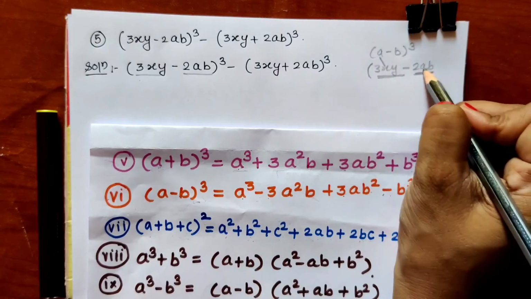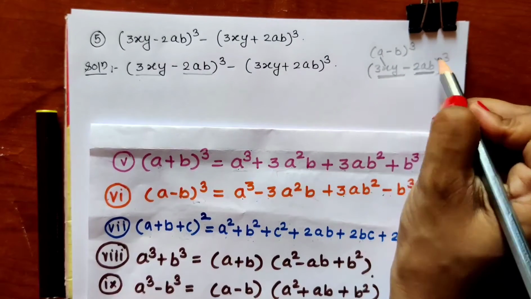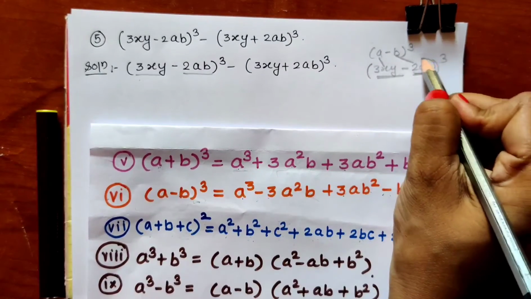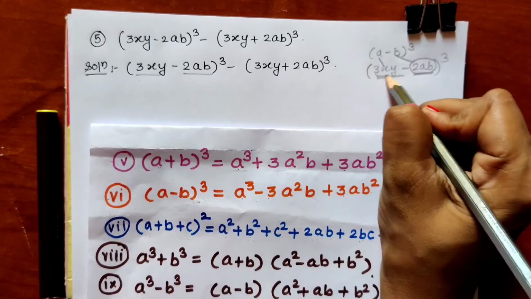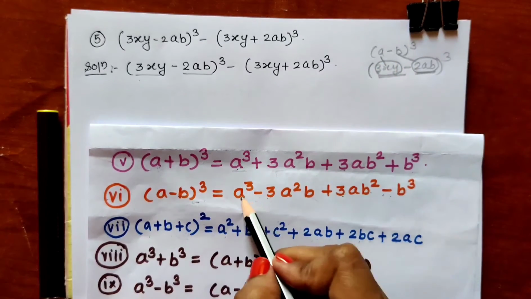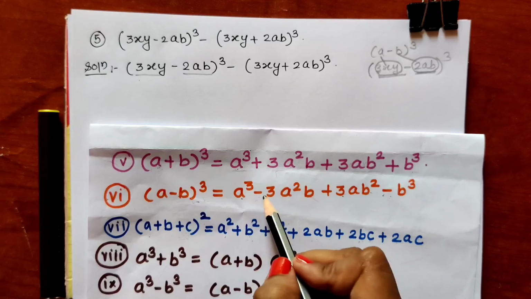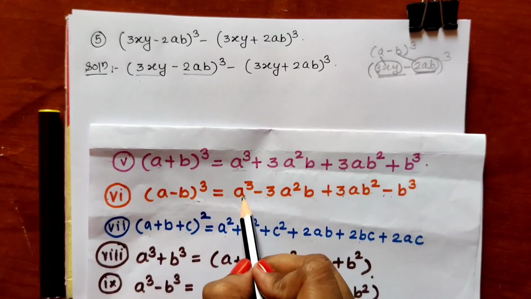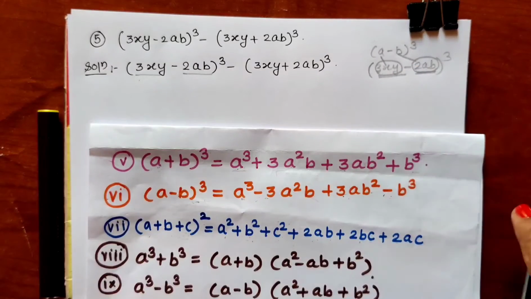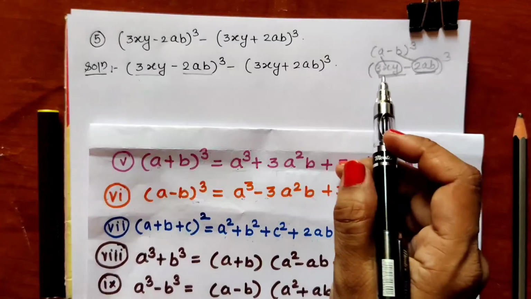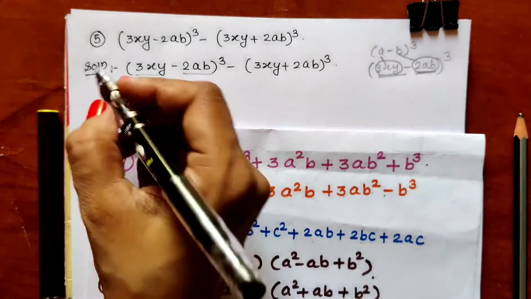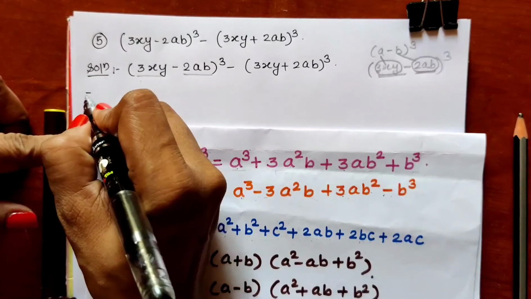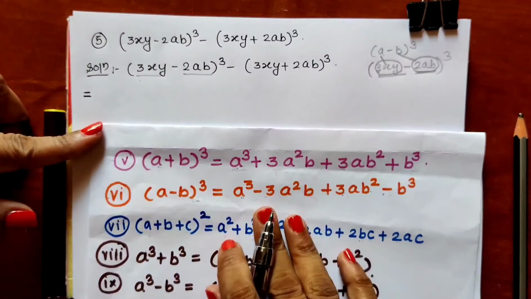Here 2 is the coefficient, ab is the variable, and cube is there. So in place of b we are going to write 2ab, in place of a we are going to write 3xy. So our formula expansion is a cube minus 3a square b plus 3ab square minus b cube. So a cube means (3xy) cube. As coefficient and variable are all there, we will put them inside the round bracket.